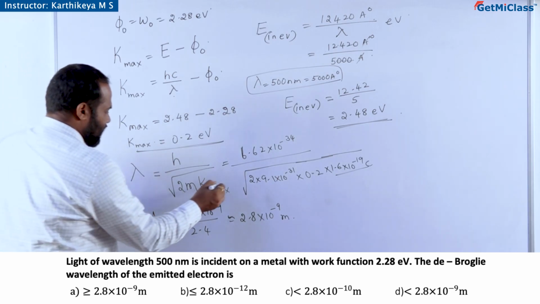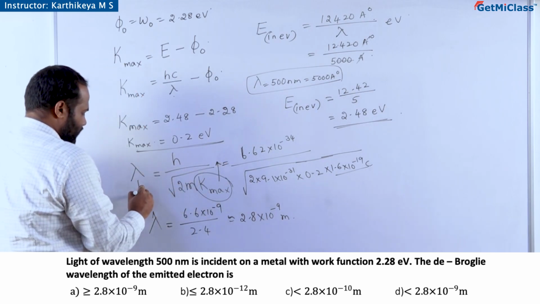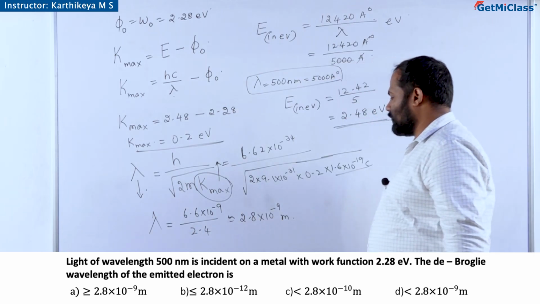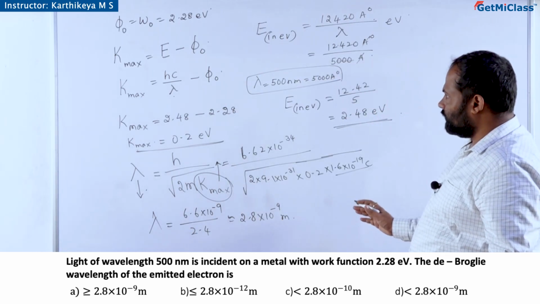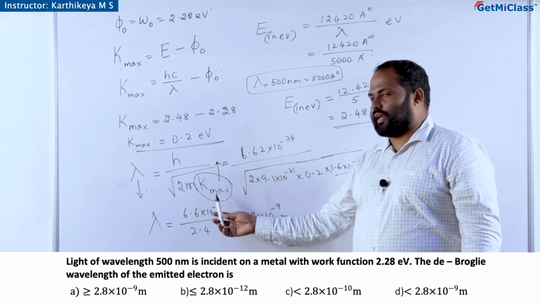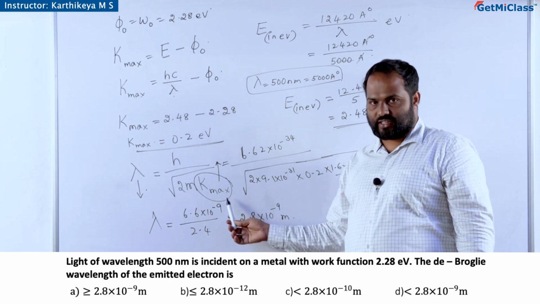If the kinetic energy is maximum, the wavelength is minimum. So, there might be a possibility that not every time the electron has its maximum kinetic energy.